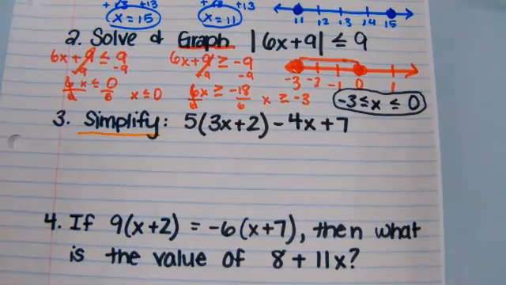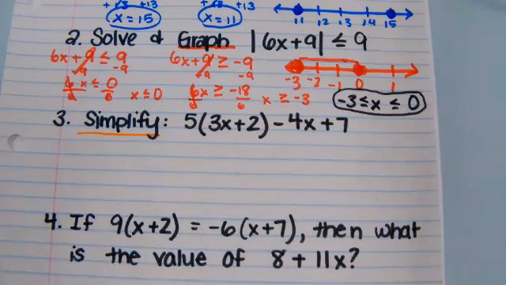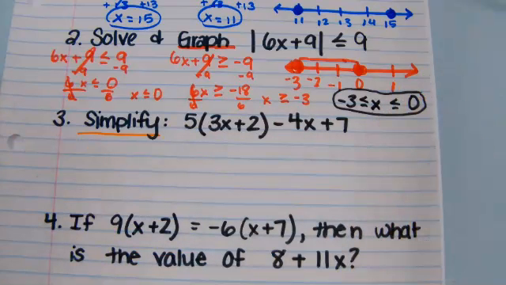Simplify confuses kids because you want to get an answer of x equals a number. You cannot do that if there's no equal sign or inequality. So simplify means make this as short as you can get it. So add like terms and do what you can.